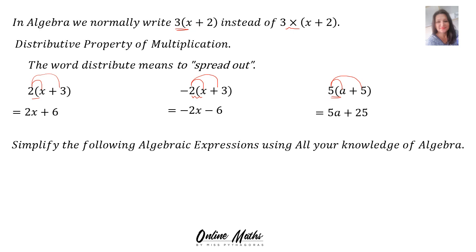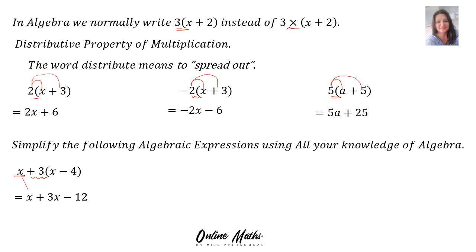Simplify the following algebraic expressions using all your knowledge of algebra. Now, the first one, there's nothing that you can do with x, so that one will just write with. And then in the next step, we will take the plus 3, because it stands directly next to the bracket, we're going to multiply it in using the distributive property of multiplication.